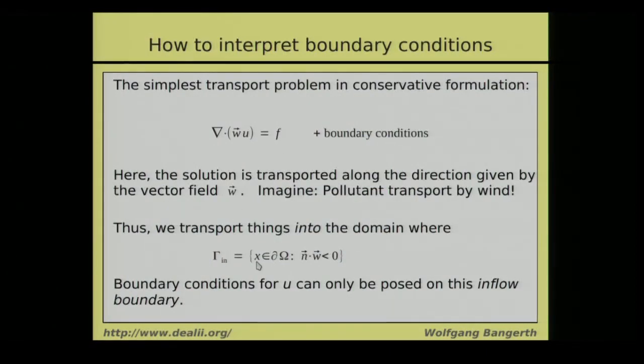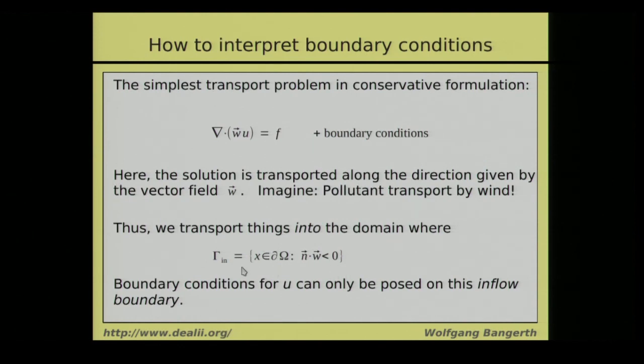These are all of the points on the boundary for which n dot w is less than 0. That means if w points into the domain, then n dot w is a negative number, because n is a normal vector that points out and w points in.